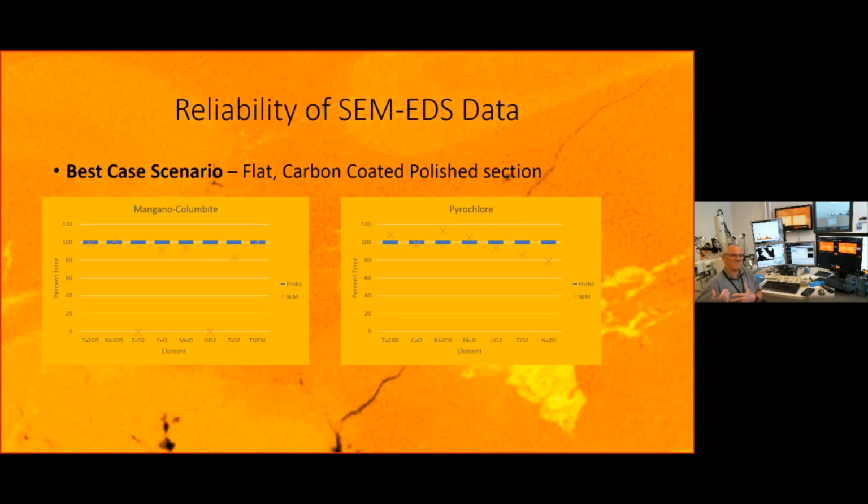And EDS, if you're very, very lucky, you might be able to see elements at a half a weight percent concentration. Below that, forget it. Whereas the probe, I wasn't even particularly looking for these elements at trace concentrations, and it still did a very good job of detecting them. How right those numbers are depends on how careful I was, but we can detect things at quite low concentrations.